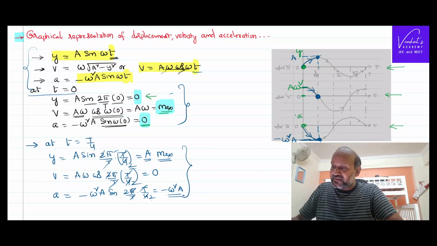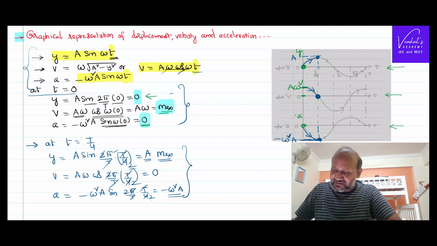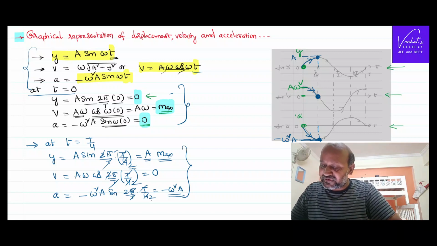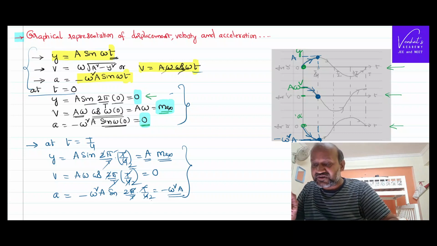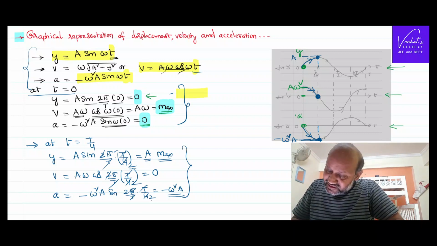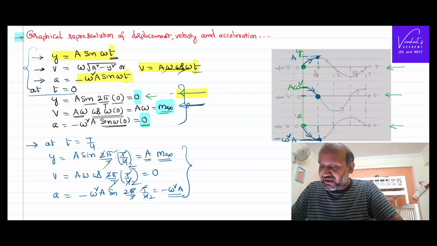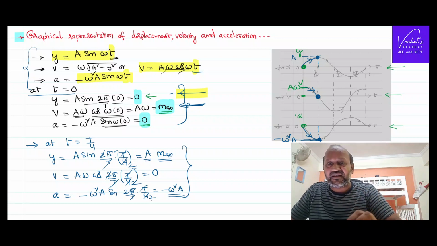If you notice carefully, you will get the same even if you go further. Look at this t equal to 0 case. When displacement is 0, velocity is maximum. So they have a phase difference of 90 degrees. We will talk about the phase difference a little later in a further video.